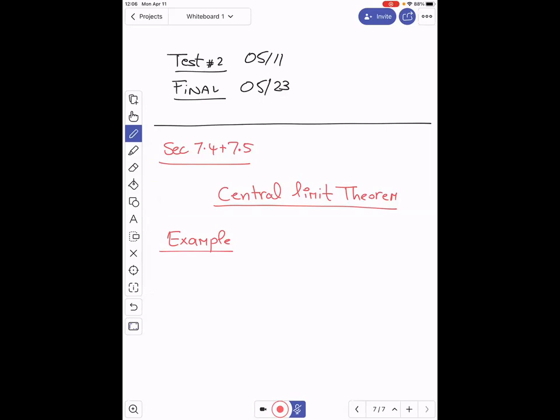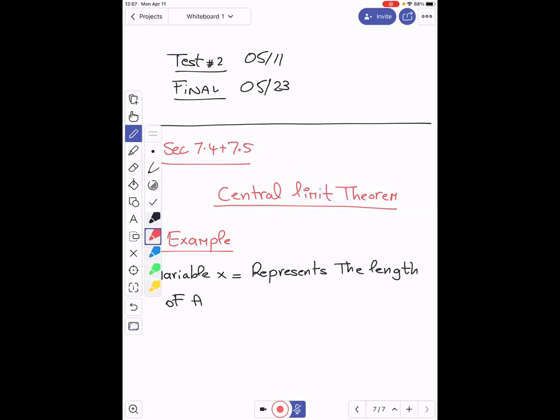Let's say in this example you have some variable x. This x represents the length of a single fish taken at random. The word single here is kind of important.